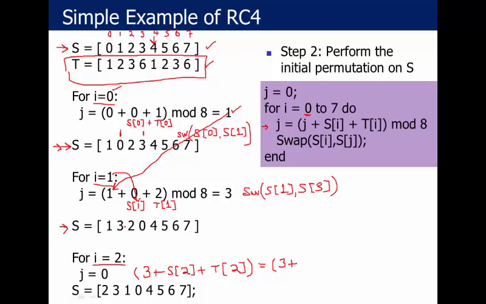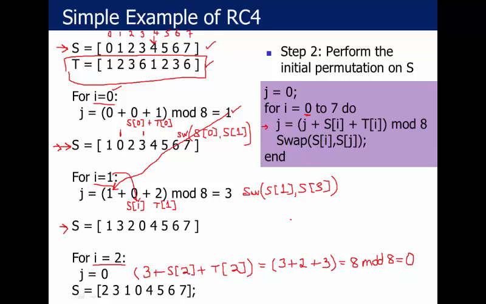S of 2 is 2. T of 2 is 0, 1, 2. That's a 3. Which is 8. 8 divided by 8, the remainder is 0.